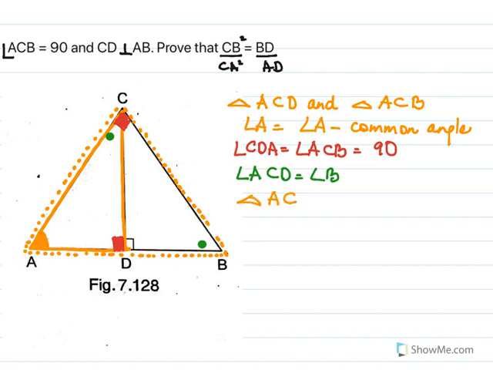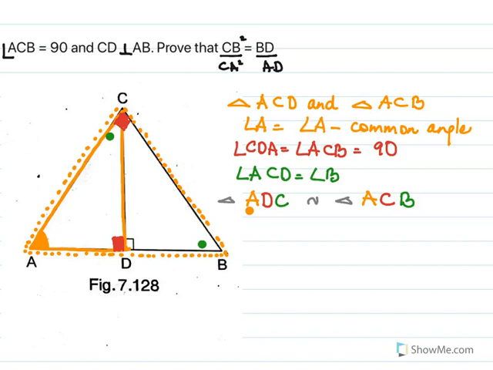We have to write this correspondence correctly. Remember A was equal to A, common. Then we had D, which was 90, equal to C, 90 in this case. And then we had C equal to B. So this is the right correspondence. You've got to make sure that your equal angles are written properly.